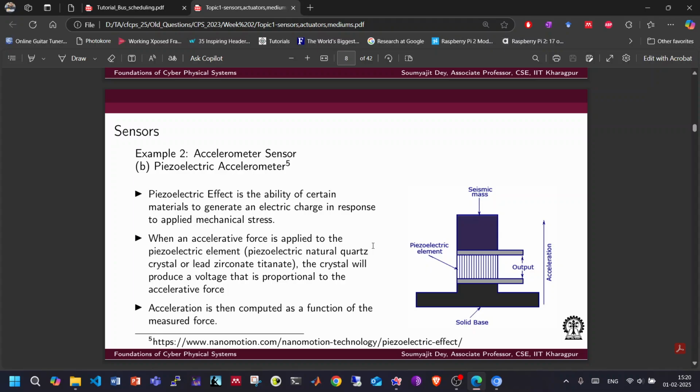We use those materials in making these sensors, and when they are deformed with high pressure maybe, or by applying certain force, they change their conductivity. Based on that we can understand what pressure or force is applied on that material. By measuring that we can understand the acceleration.